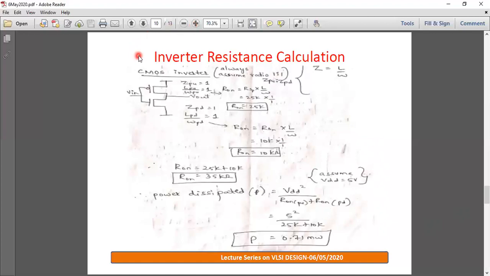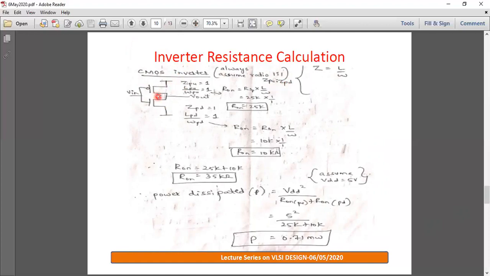So next we'll compute resistance of a CMOS inverter, and then we'll compute resistance of an NMOS inverter. For a CMOS inverter, pull up to pull down ratio is 1:1. Pull up and pull down ratio are the same, that is 1:1.